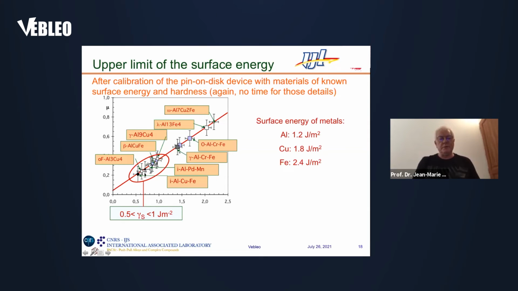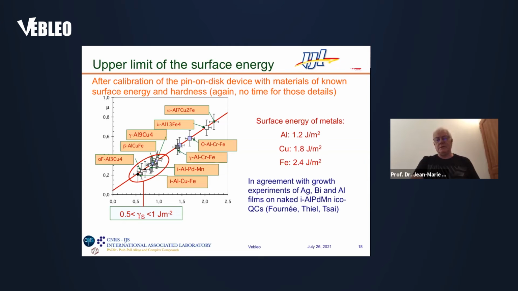For aluminum, copper, iron, it is found around 0.6 joule per square meter, to be compared to aluminum and copper and iron, which is about 4 times higher on normal, crystalline pure iron. And this will be exploited later on.